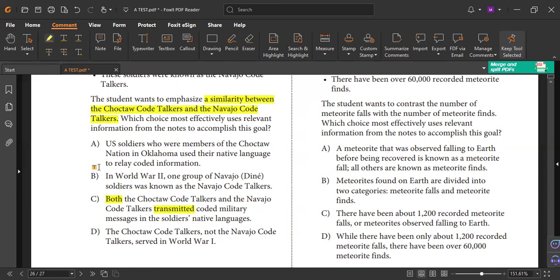If you read letter A, you don't find any similarity. You find the facts about something. U.S. soldiers who were members of the Choctaw Nations in Oklahoma used their native. He tells you only fact, but what is the similarity between both of them? That is a trap. So always check. For letter D, the code talkers, not the serve. This means he said not.